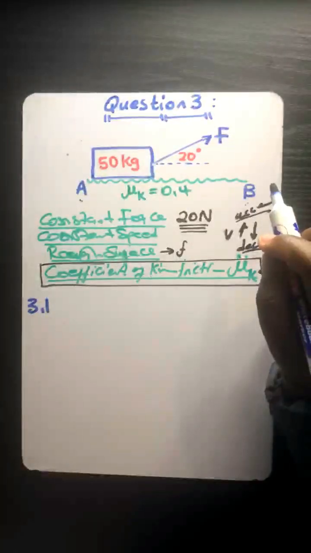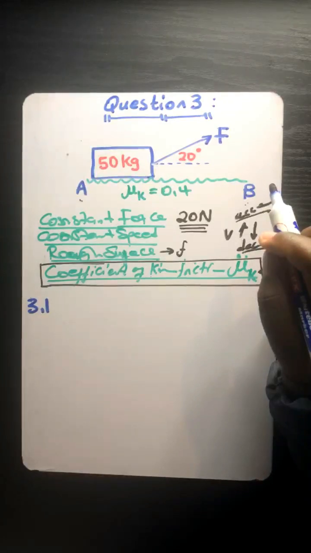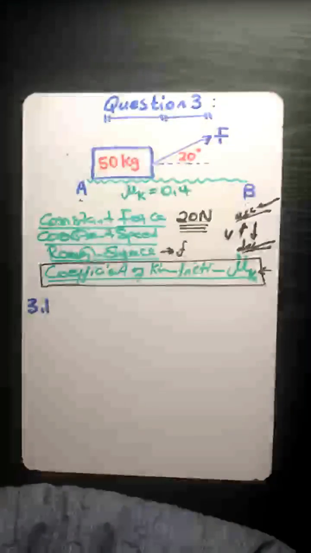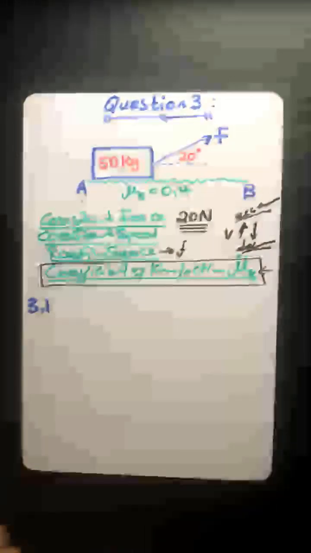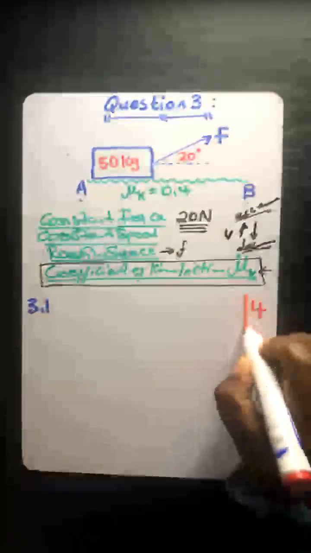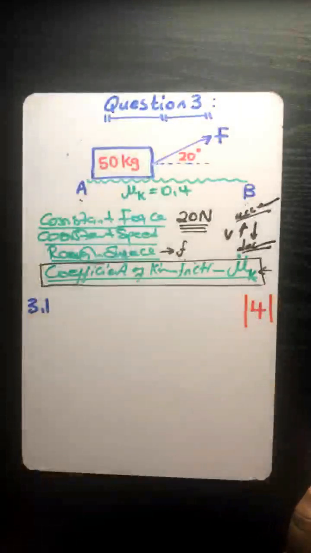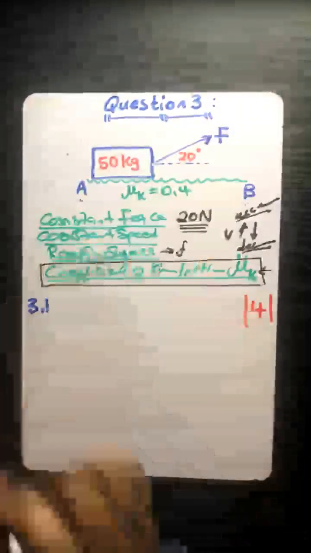They are saying draw a labeled free body diagram showing all the forces acting on that object. So this question is allocated 4 marks. I'm pretty much sure that you were made aware that if it is allocated 4 marks, it means you are possibly going to be having 4 forces acting on that object.